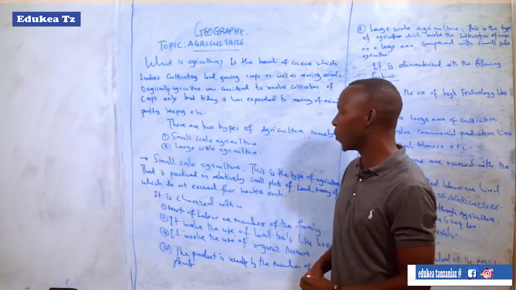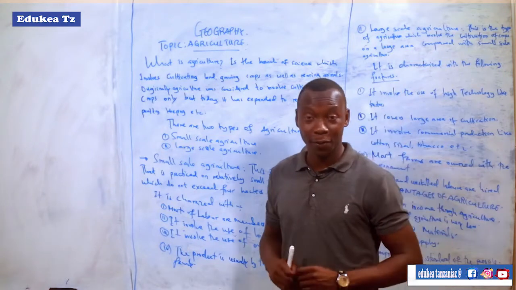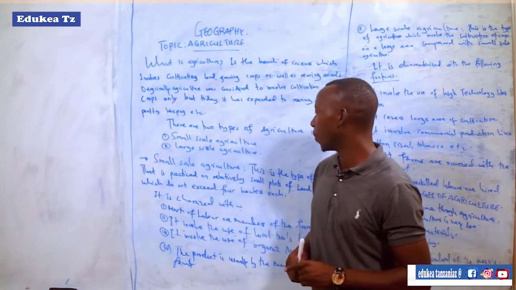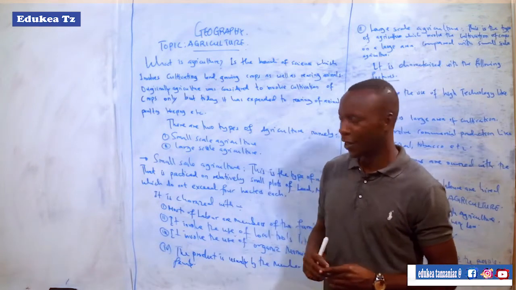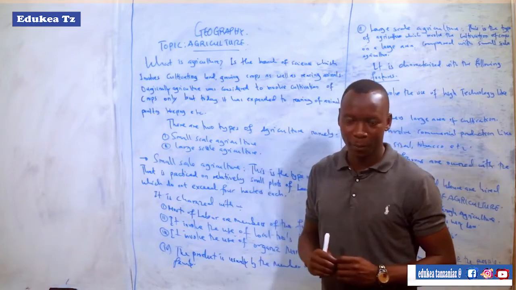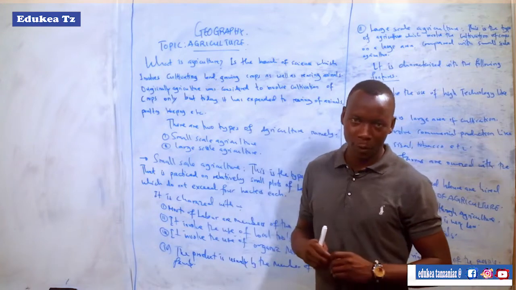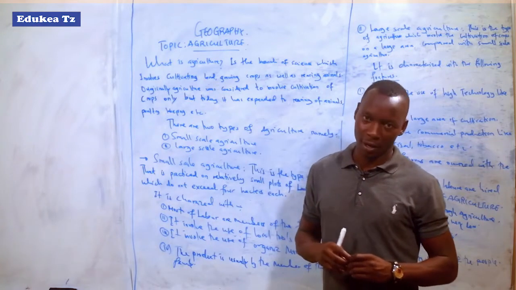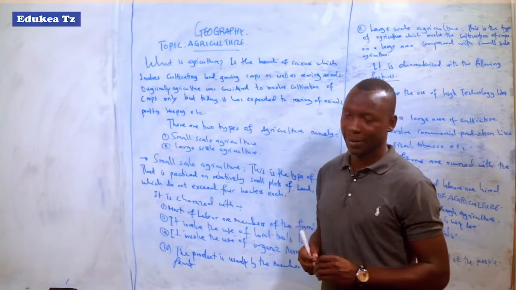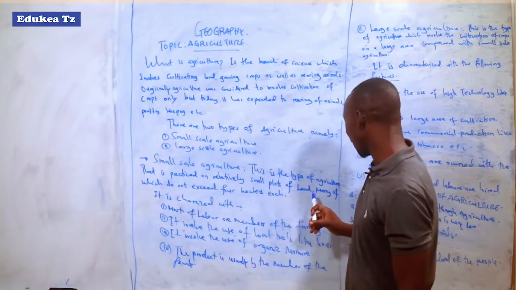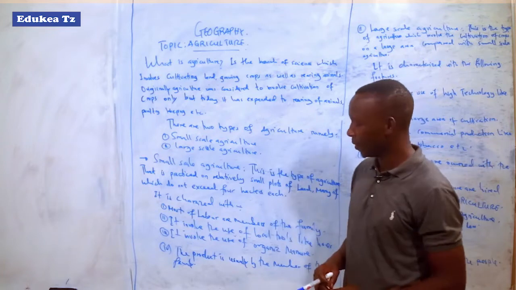It is called small scale agriculture because it involves a small piece of land. Obviously, it is done for the sake of attaining food for the family members. And this small scale agriculture is characterized by different features.